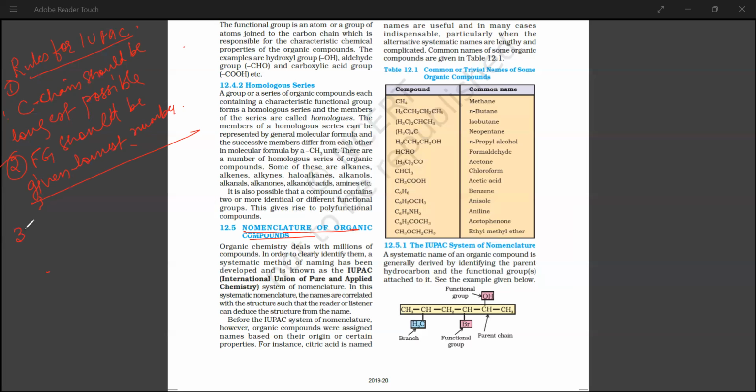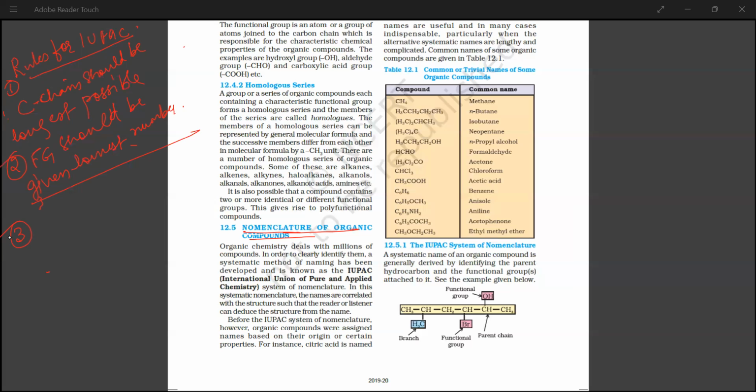If you have to choose any one, if you take the longest possible carbon chain, then the functional group will be getting a bigger number. And if you give the smallest number to the functional group, then the carbon chain will not be the longest possible.